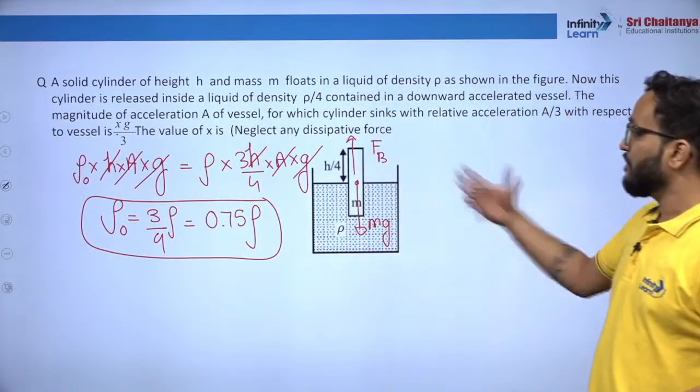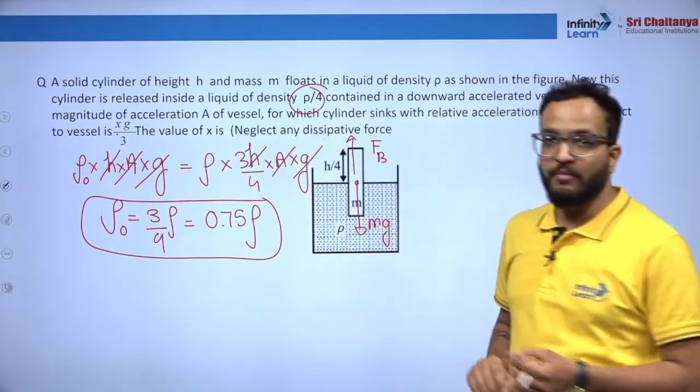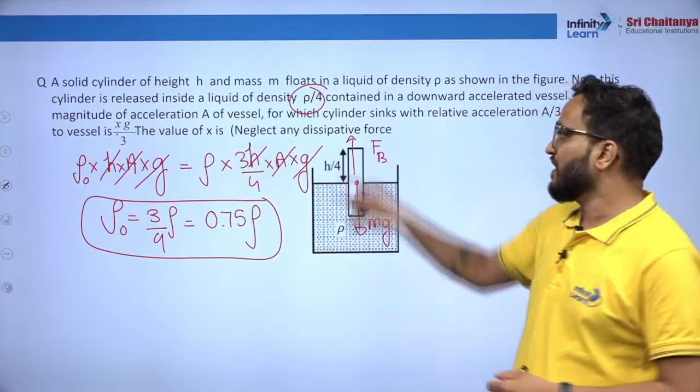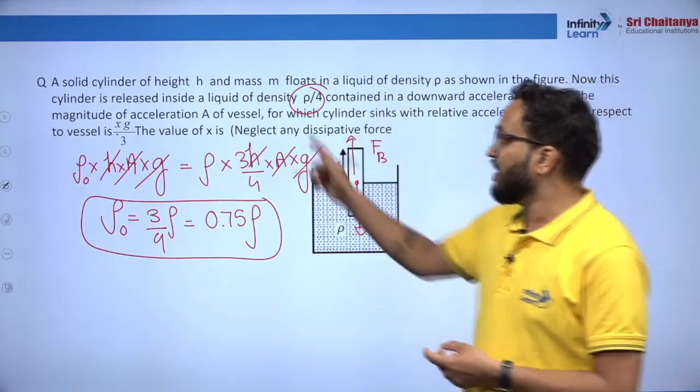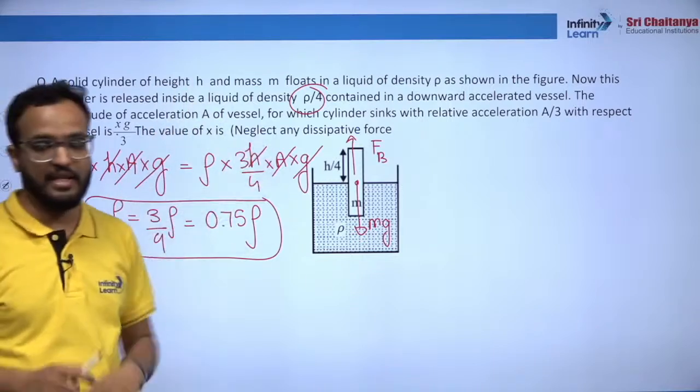Now if this object, which is having the relative density of 0.75, is immersed in a liquid whose density is rho by 4, rho by 4 means 0.25 rho, so relative density is 0.25. So obviously in this particular liquid where the density is rho by 4, the object is definitely going to sink. Okay, the object is definitely going to sink. Did you understand this?